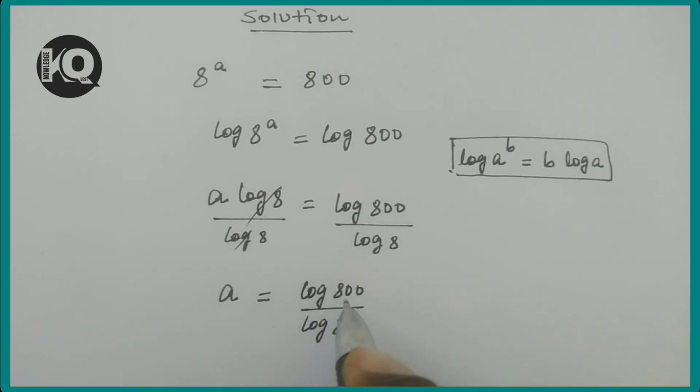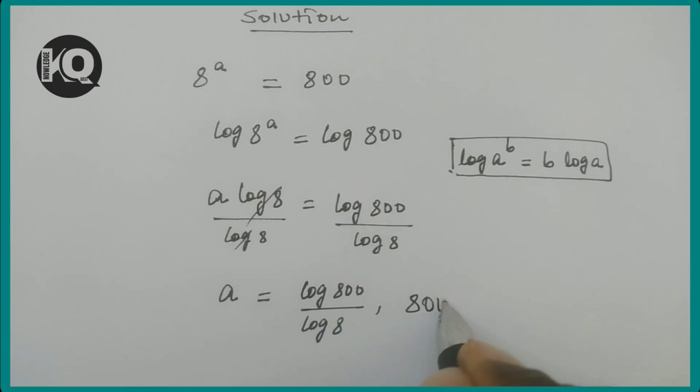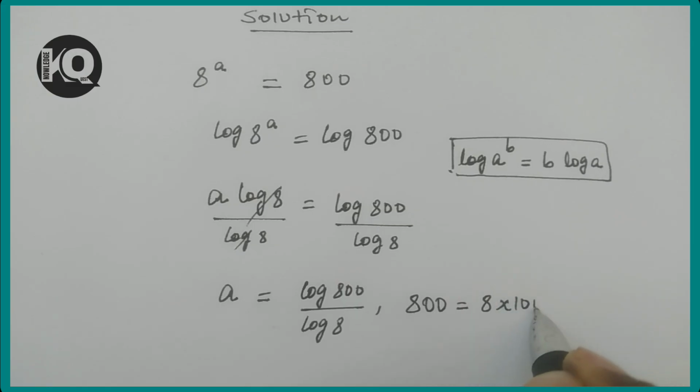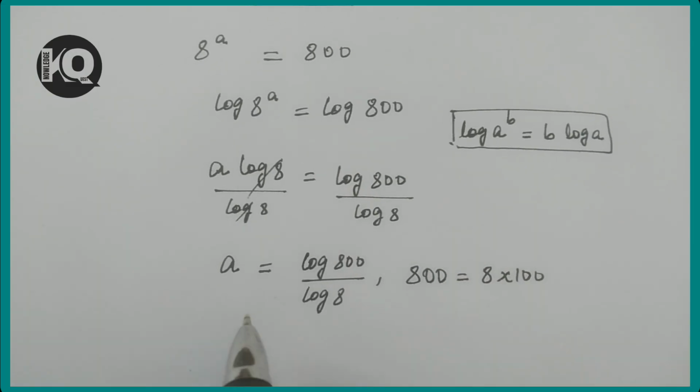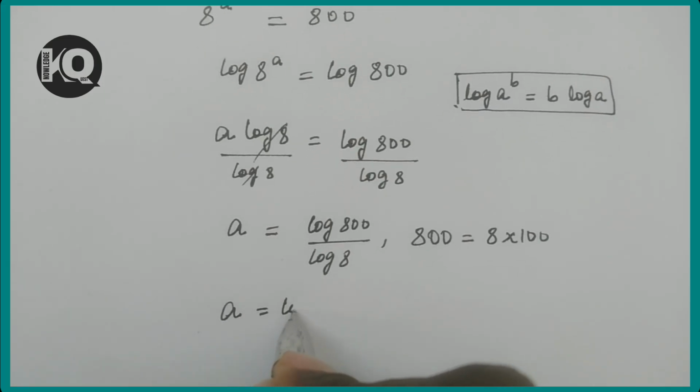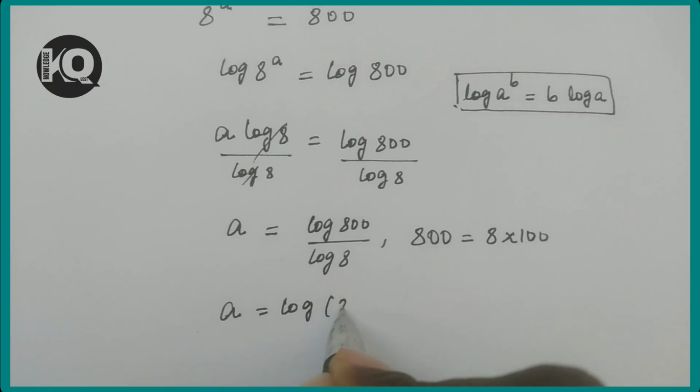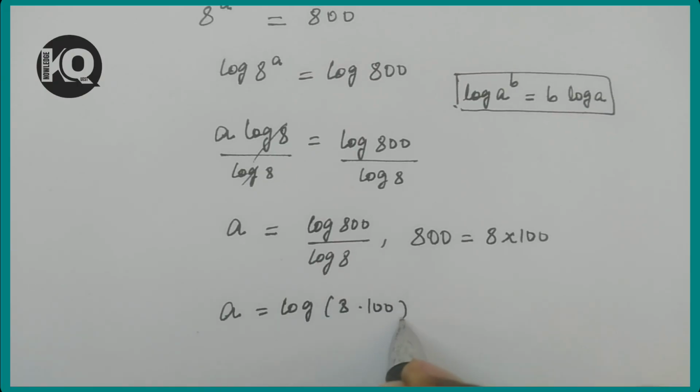We can simplify this 800. 800 can be expressed as the product of 8 times 100. So a is equal to log of 8 times 100 divided by log of 8.